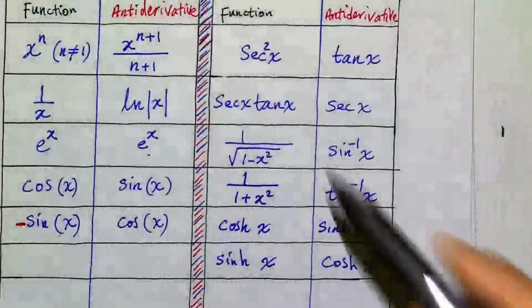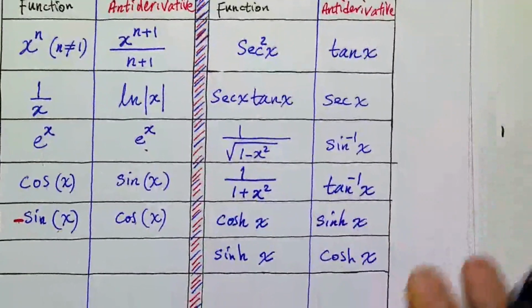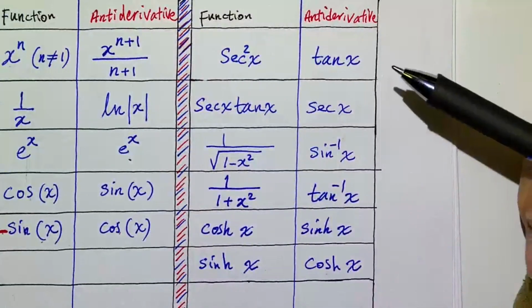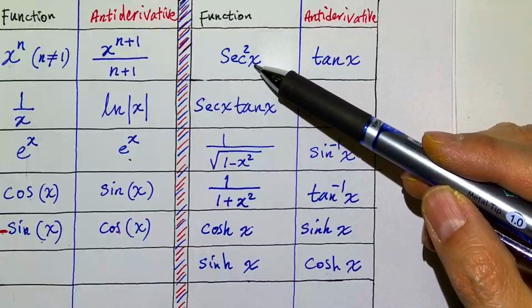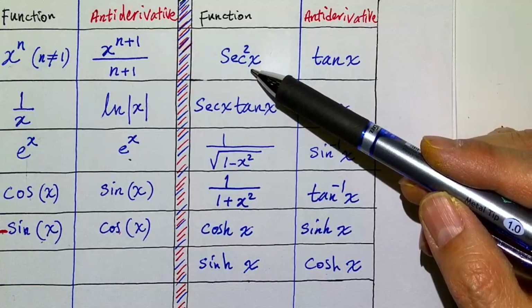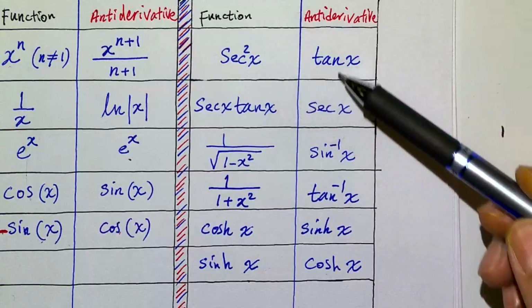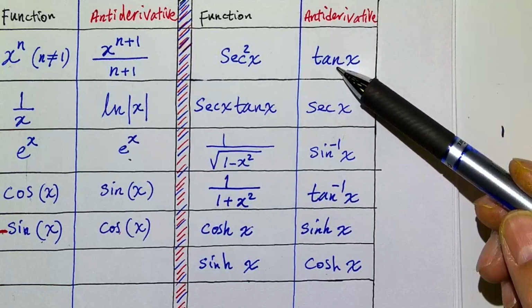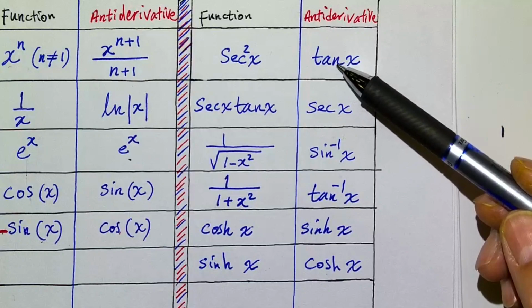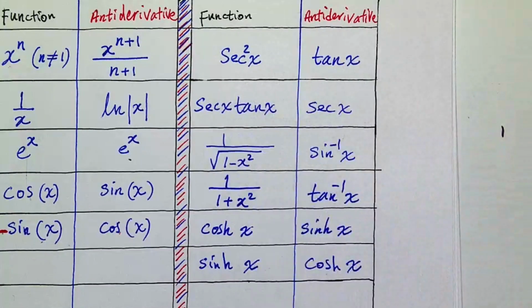Okay, so here are some of the other useful ones. So if you have a function like that, that is a derivative of some function, and you want to find the antiderivative of this, you simply memorize this. Because we've seen this before, the derivative of tangent of x is secant squared x.